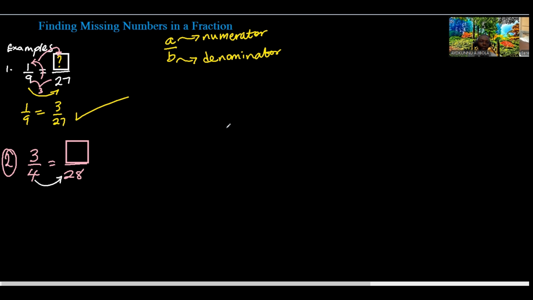Check your 4 times table. 4 times what is going to give us 28? 4 times 3. Oh, 4 times 3 is 12. Try again. 4 times 6, that's the double of this, that's 24.